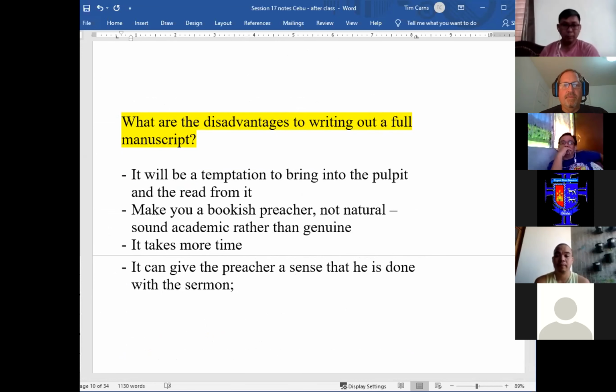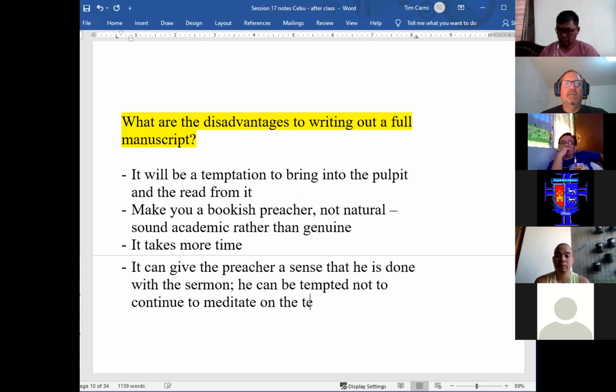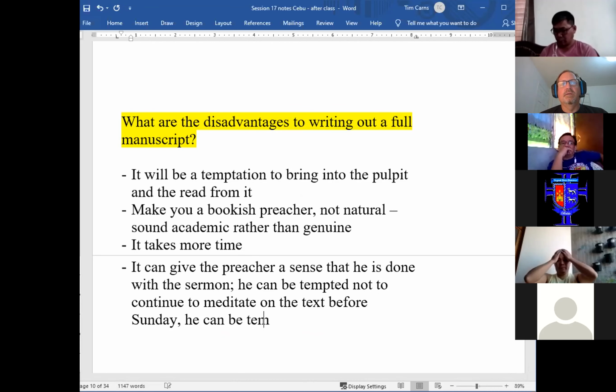And the problem is that he can be tempted not to continue to meditate on the text before Sunday. He can be tempted not to give more thought to the message.